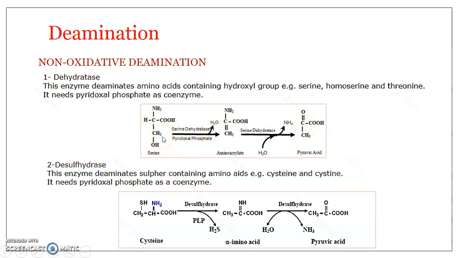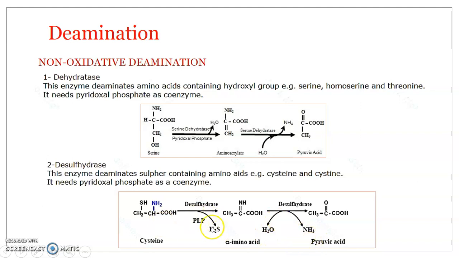Okay, serine undergoes the process with serine dehydratase, and the coenzyme required is pyridoxal phosphate, or we can say PLP. Okay, the next one is desulfhydrase. So this enzyme is present in liver, kidney, and pancreas, and it catalyzes deamination of sulfur containing amino acids like cysteine, homocysteine, etc. The first step in the whole reaction is desulfhydration, that is removal of hydrogen sulfide, H2S, and this is followed by the hydrolytic deamination.